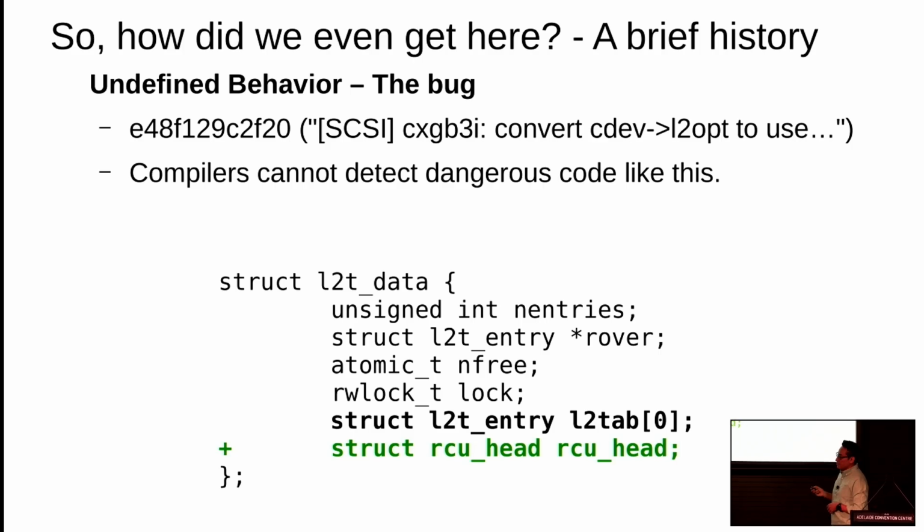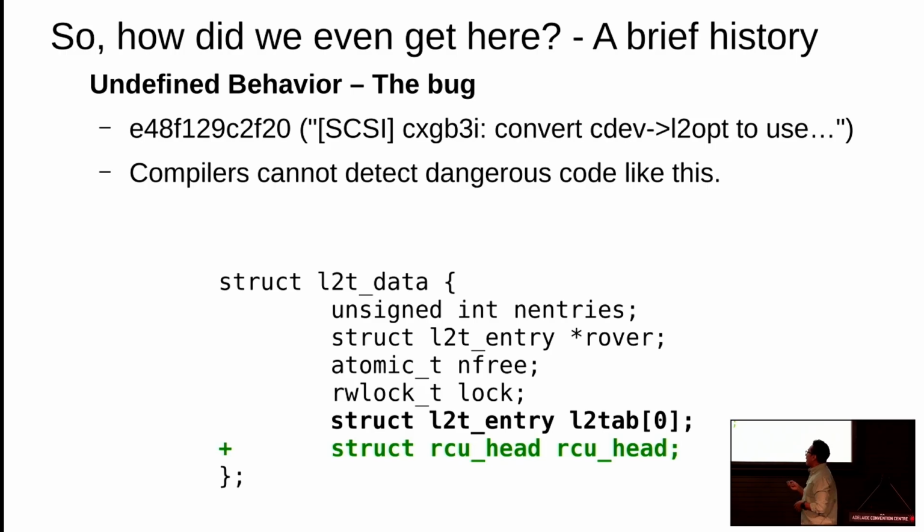The problem here was that this zero-length array was being used as a flexible array member at runtime. Some heap space was being allocated, and then the RCU head was being corrupted.